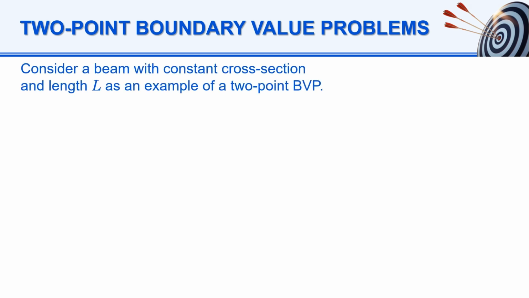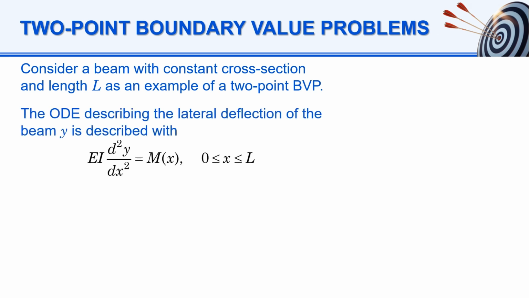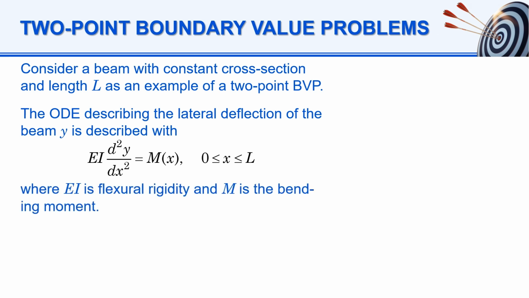Consider a beam with constant cross-section and length L as an example of a two-point boundary value problem. The ordinary differential equation describing the lateral deflection of the beam y is described with, where EI is flexural rigidity and M is the bending moment.